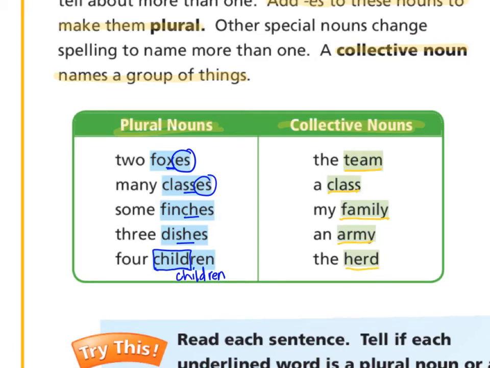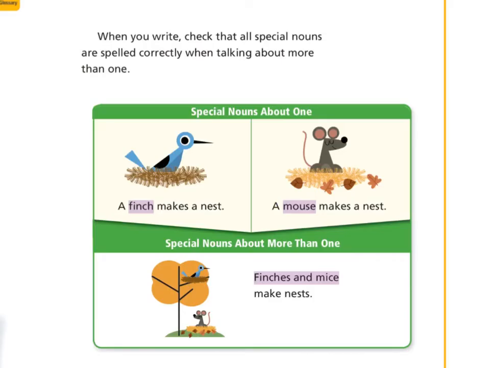So these nouns aren't necessarily called plural nouns, even though there's more than one. Instead, they're called collective nouns because they name a group. So that team, that's a group of people. When you write, check that all special nouns are spelled correctly when talking about more than one.